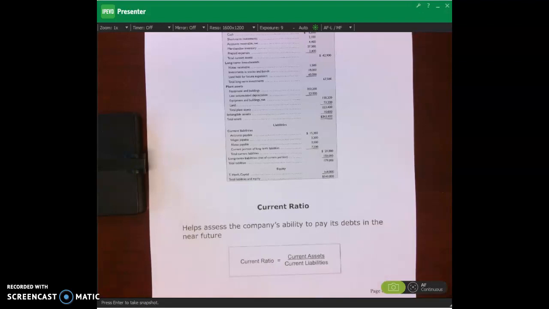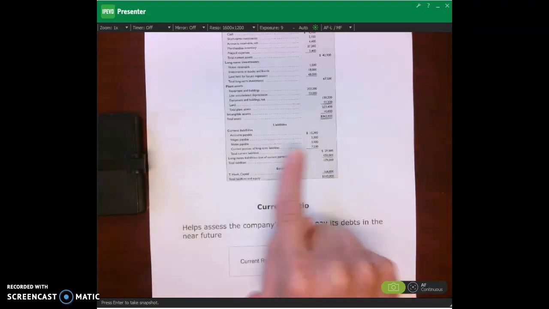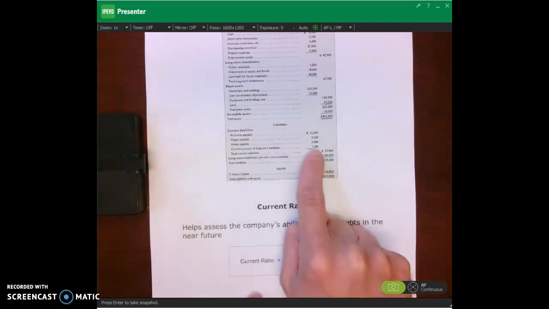So we're going to take that out of long-term because it's due. We have to make a payment on that. It's due this coming year, even though it's long-term. Some of it is due in 5 years, but part of it is due this coming year. So we have to take the part that's due this coming year and move it to current. So it's the current portion of our long-term liabilities.